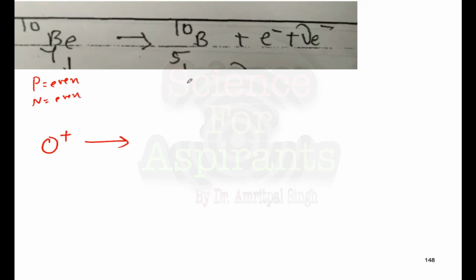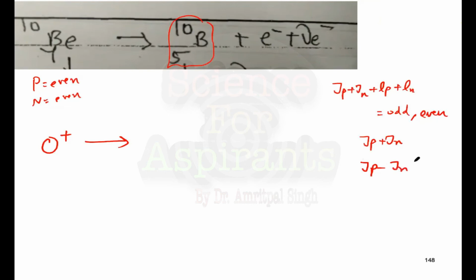Similarly for boron, using the Nordheim rule, as I have explained, you have to sum Jp, Jn plus Lp plus Ln, and if it is coming even, then you have to keep the value of Jp plus Jn, and if it is odd, you have to keep Jp minus Jn. So this is how you can find it using the Nordheim rule for odd nuclei.